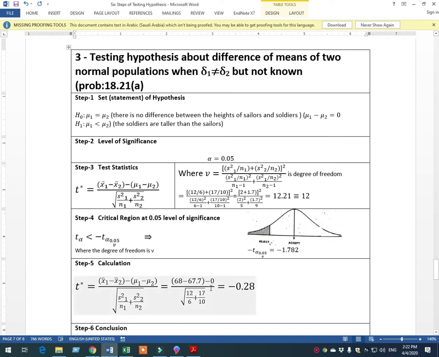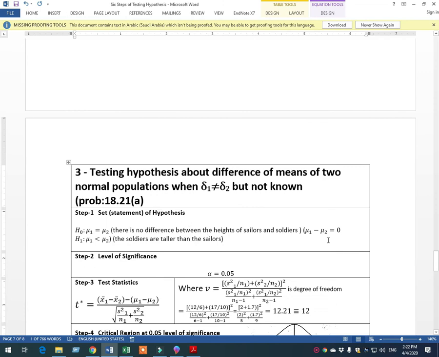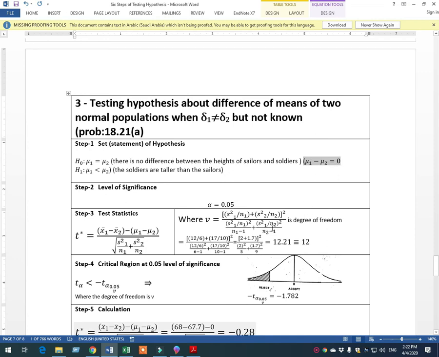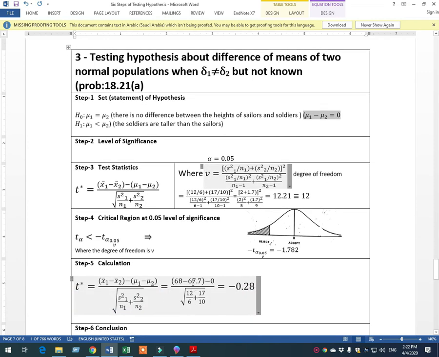Guys, x1 bar minus x2 bar: x1 bar was the mean of the first sample, x2 bar was the mean of the second sample, that is 67.5, and mu1 minus mu2 according to our null hypothesis becomes 0, because the null hypothesis says that there is no difference between the heights of the sailors and soldiers. So if I put this in the formula, that would become 0.